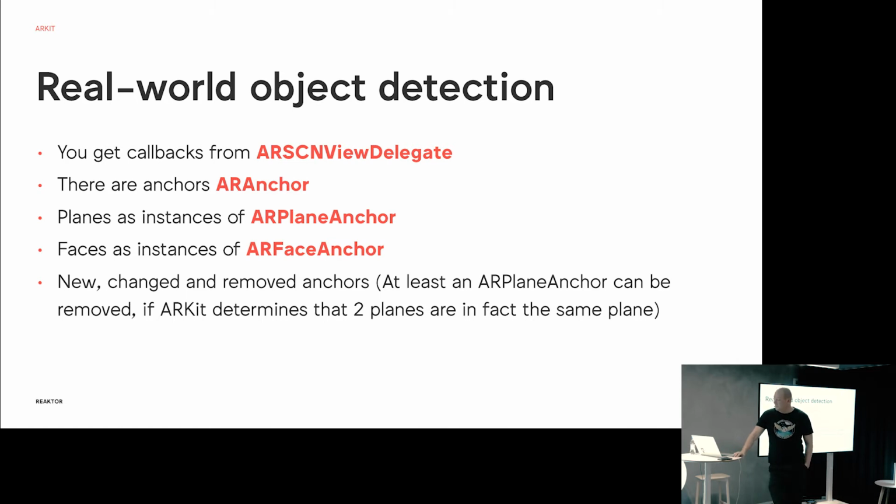Then about real-world object detection, we already touched the subject of AR scene view delegate. You get the callbacks from there, and there's different anchor types. The function signature is such that you're always given this AR anchor, and you have to test whether it's an instance of, for example, AR plane anchor or AR face anchor, if you need that.